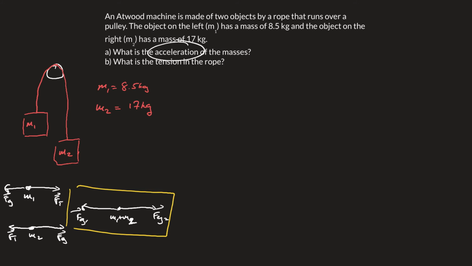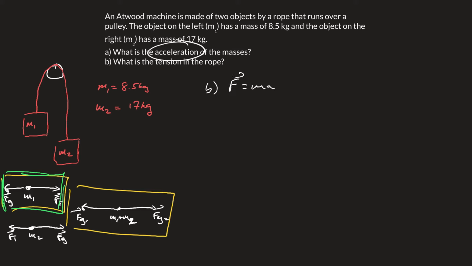Part B is asking us to solve for the tension in the rope. So we're going to make use of, let's say, this free body diagram, the one that's highlighted in green there. So we can solve, knowing that our F, of course, as always, is equal to MA.